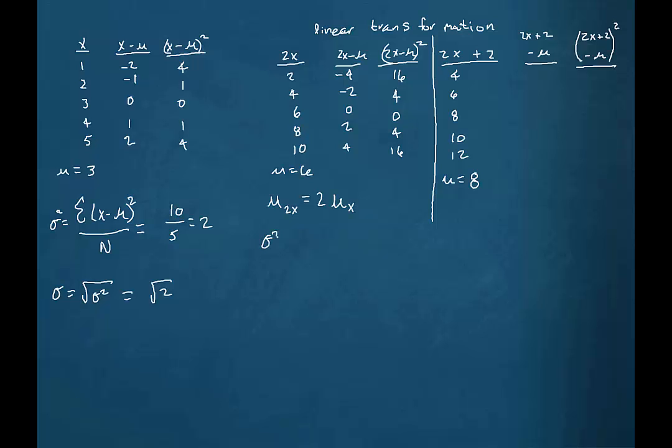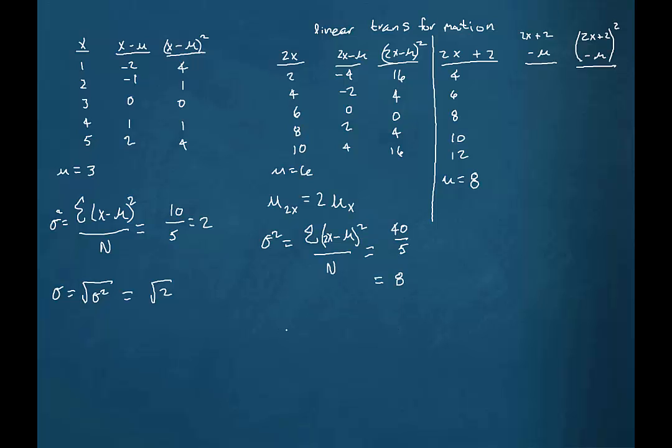So this variance is going to be, again, the sum of the squares of the deviations from the mean divided by the size of the data set. And this time I'm going to put a 2 in here, noting that this is twice what we originally had. And so we have 40 over 5, or 8.